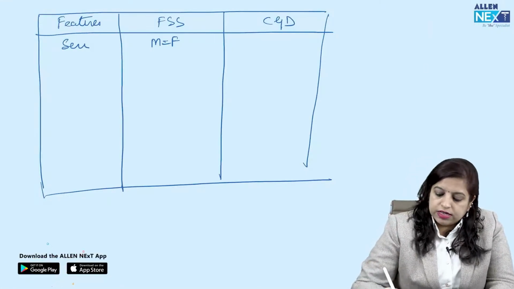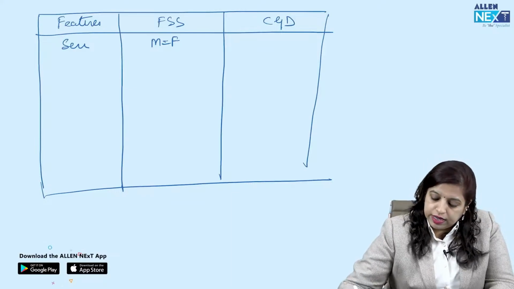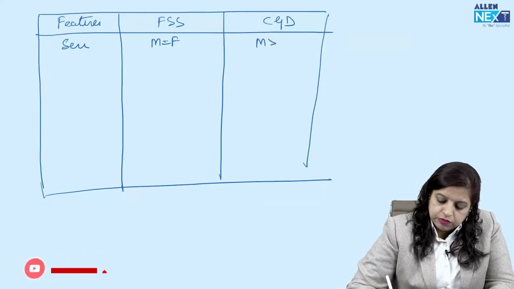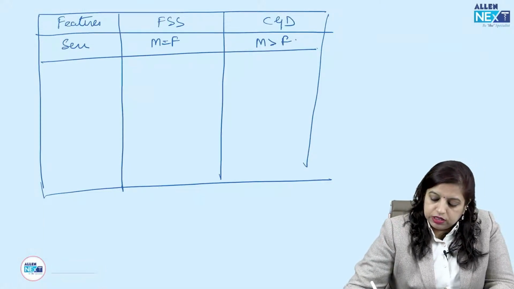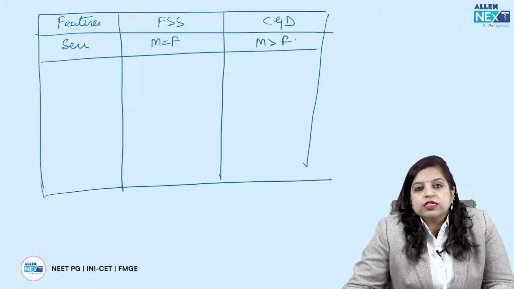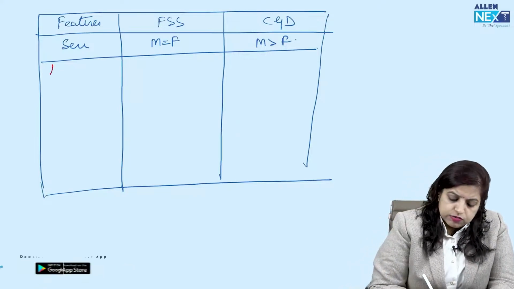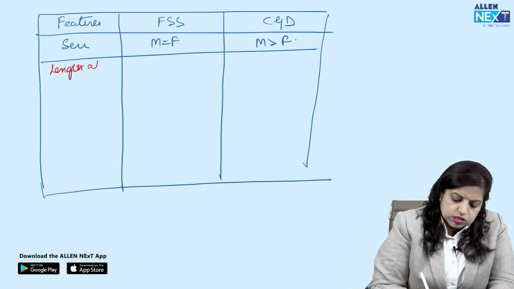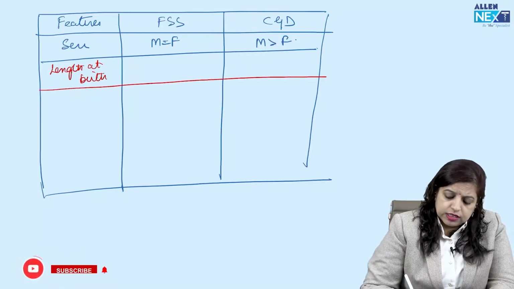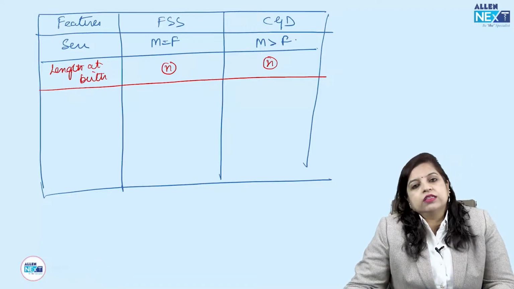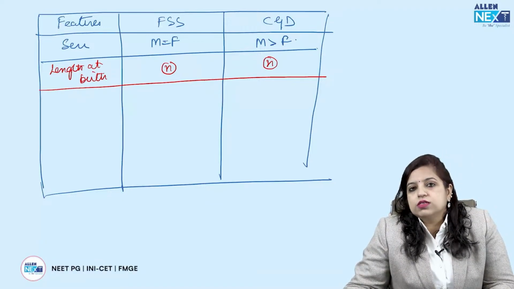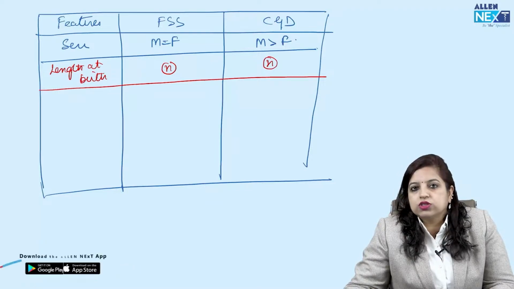While constitutional growth delay is seen more commonly in males than females. Remember that, right? Another difference between these two features is the length at birth. There would not be any difference, because the length at birth in both cases will be normal, and then in the coming 1 or 2 years of life, the child starts falling below the third centile and becomes of short stature, right?